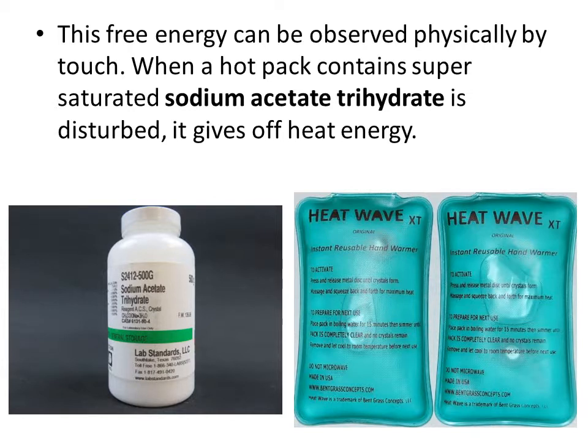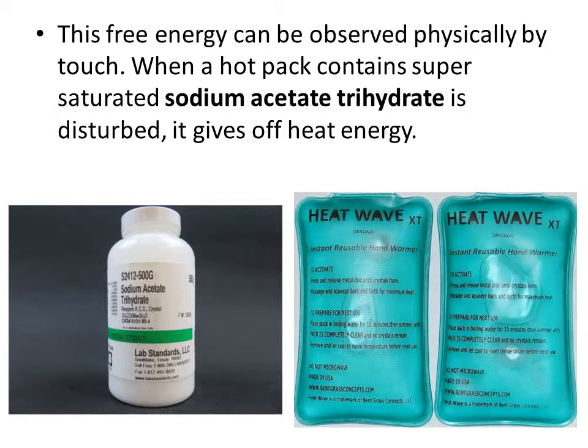How can an exergonic reaction be observed? This is a simple chemistry experiment. This free energy can be observed physically by touch. When a hot pack containing supersaturated sodium acetate trihydrate is disturbed, it will give off heat energy that can be felt.